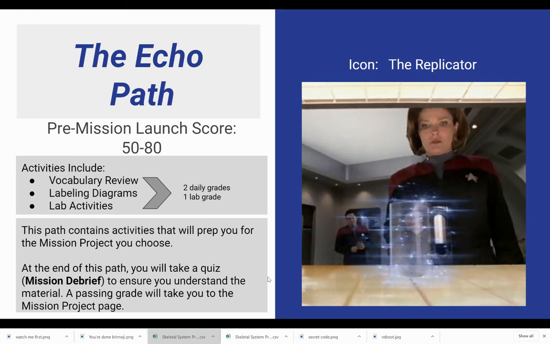If you didn't have to do the reboot path and you went straight here, it's because you scored between a 50 and an 80 on the pre-mission launch. These activities will reinforce what you know and hopefully increase your knowledge as well. But you're basically replicating the information that you've taken in during the notes and the vocab review, and you're putting that information in the form of an output to me.